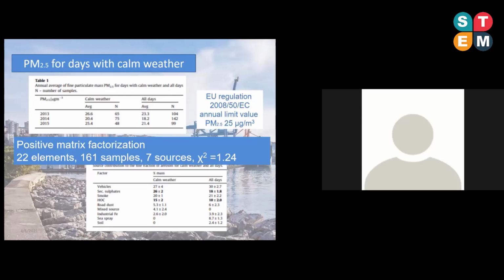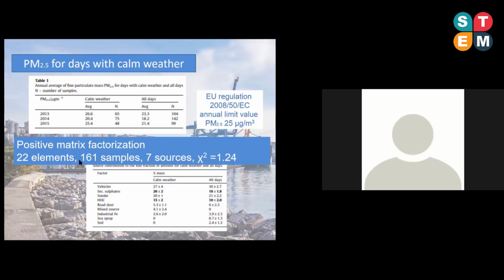EU regulation is defining only an annual limit value of 25 micrograms per cubic meter. From table 1 it can be seen that the calculated annual average was exceeded for 2013 and 2015.